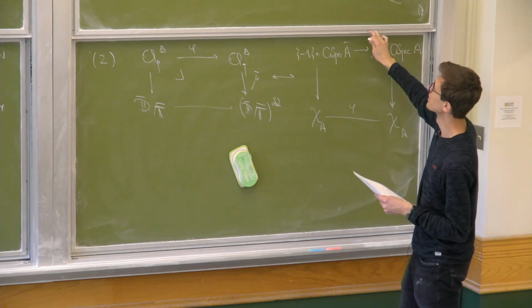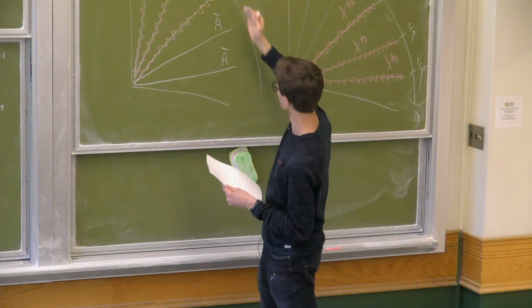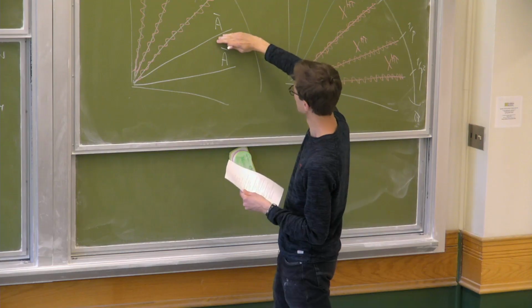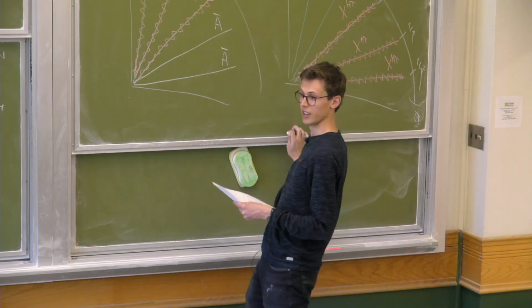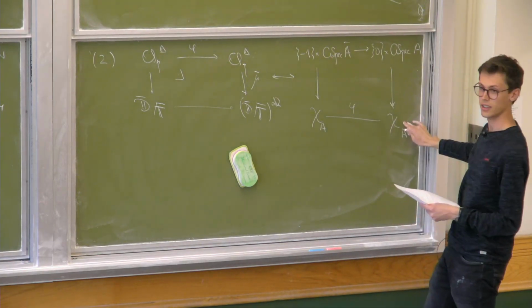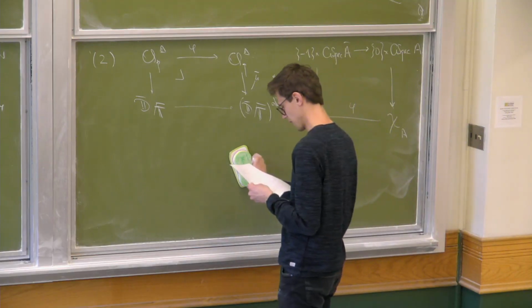You can see this in the picture. This is basically precisely saying that Frobenius is an isomorphism everywhere except at a bar, where it goes into a. So if I take this pushout, then I get Xa.